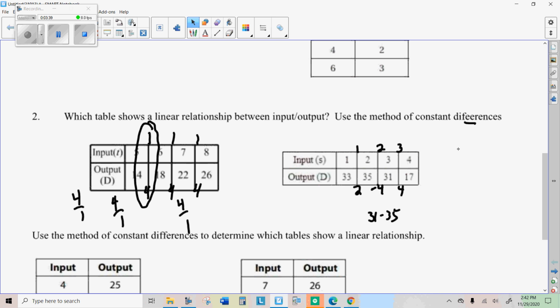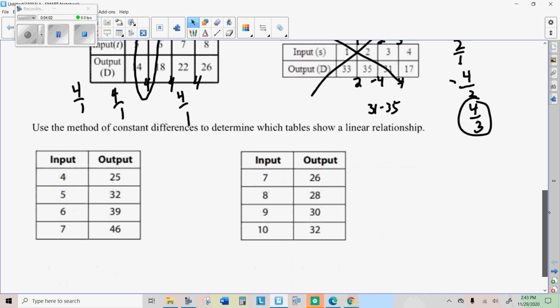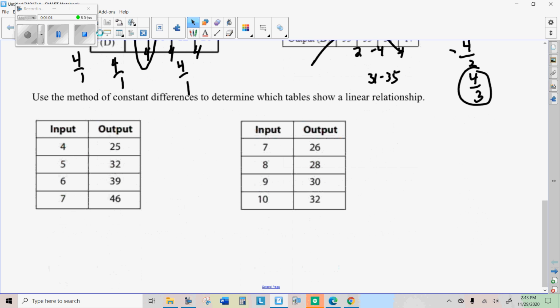When we do the ratio of the output over the input, we get 2 over 1, negative 4 over 2, and 4 over 3. Those are not the same ratios. So this one is not linear. Okay, so it would be table A. All right, let's go to problem 3 here, or pause if you like and do those problems.